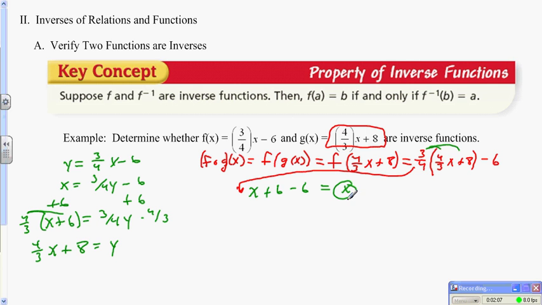When you plug one function into another and they're inverses, you should and need to get x out of all of that in order for them to be considered inverses.